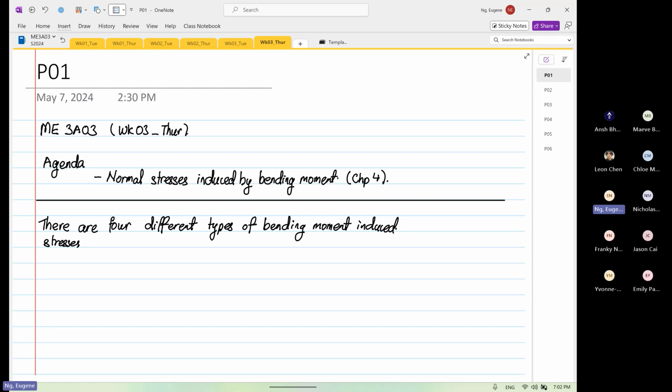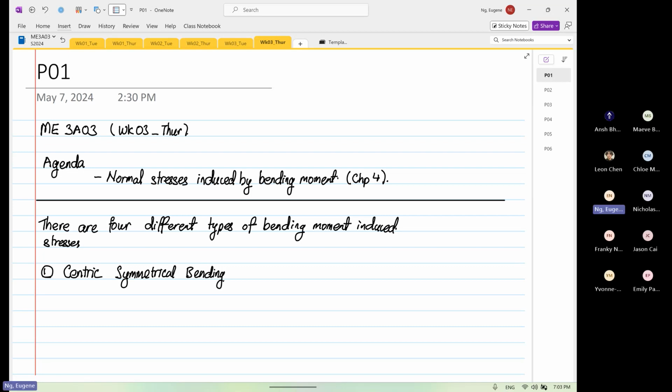The first one, which is very common, we call centric symmetrical bending.